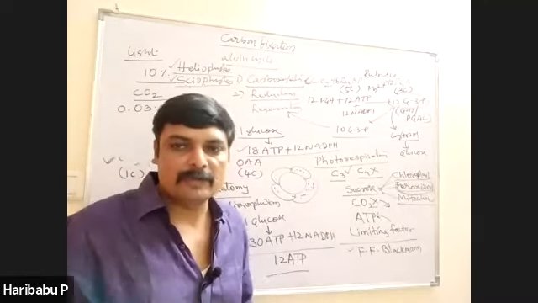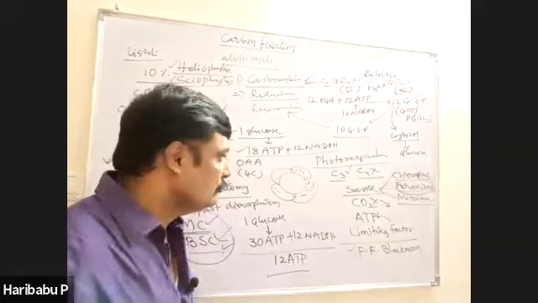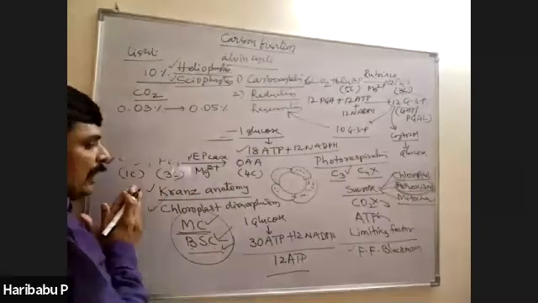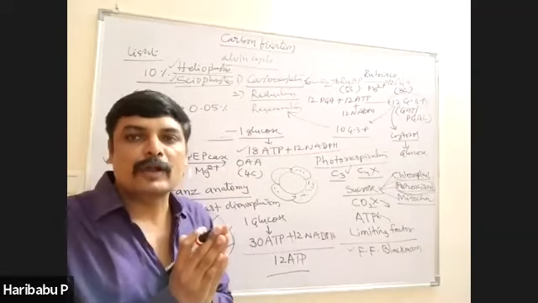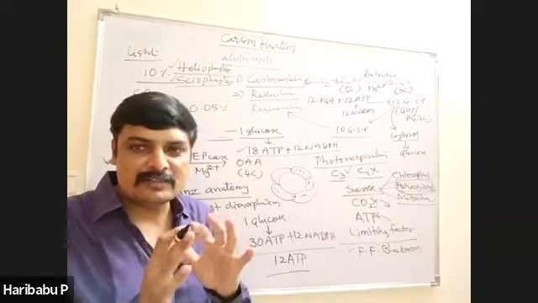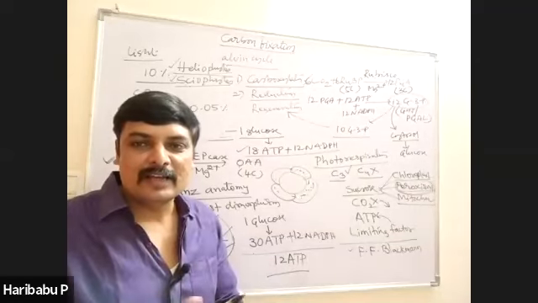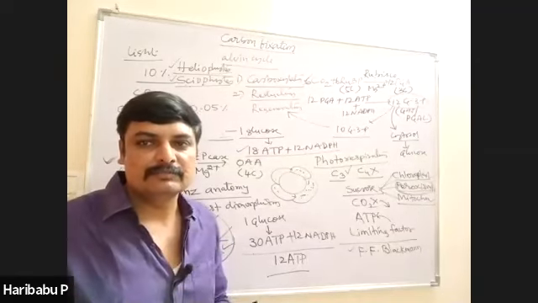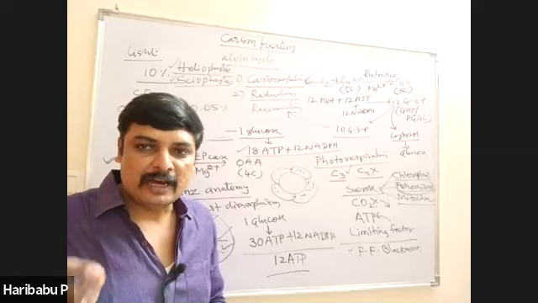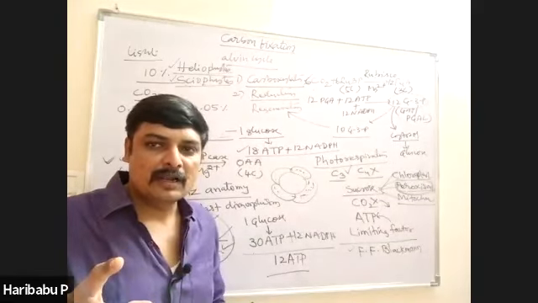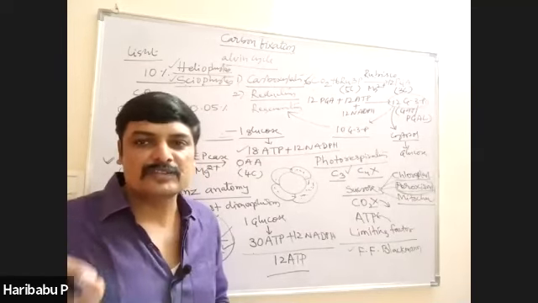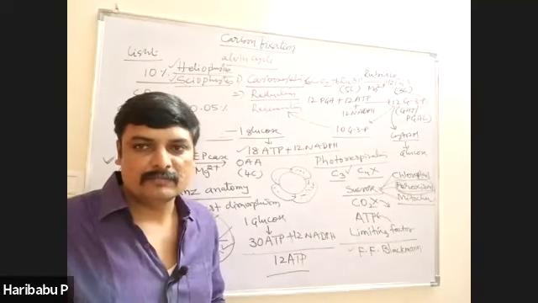That is one point. Then C3 plants like bell pepper and tomato, in the presence of high CO2 levels, increase their yield. That means in carbon dioxide enriched areas, C3 plants undergo photosynthesis efficiently. Right?